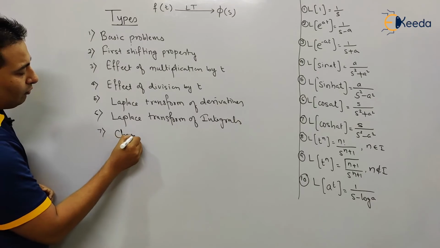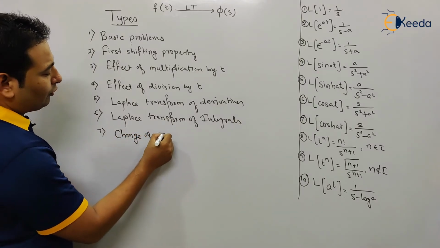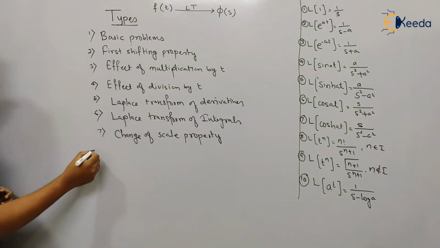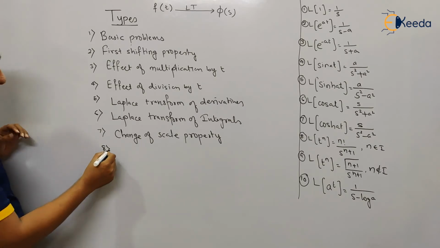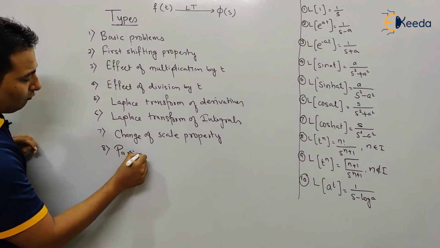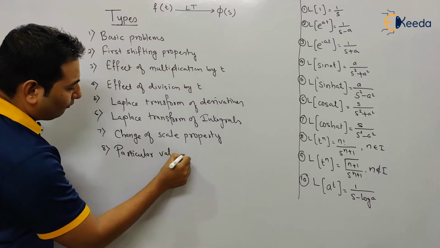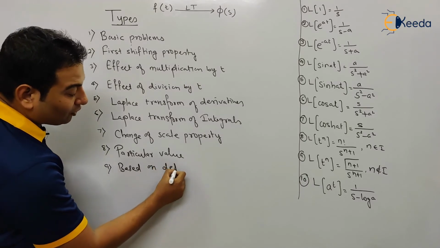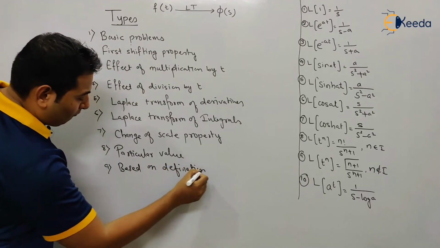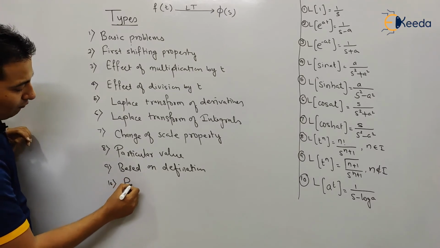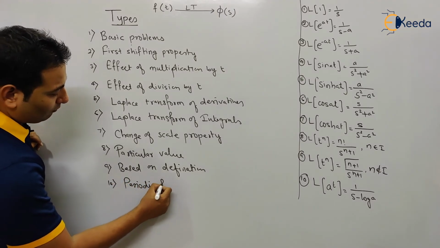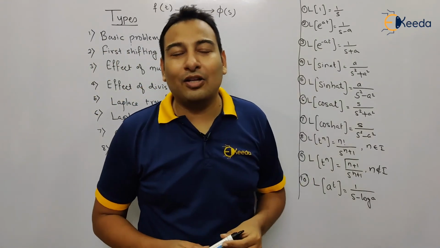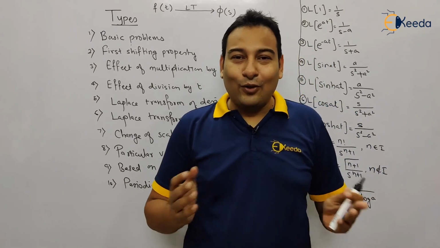Next, change of scale property. Next, particular value. Next, based on definition. Periodic function. So these are the 10 different types of problem in Laplace transform that we are going to discuss in the next videos. Hope you understood.